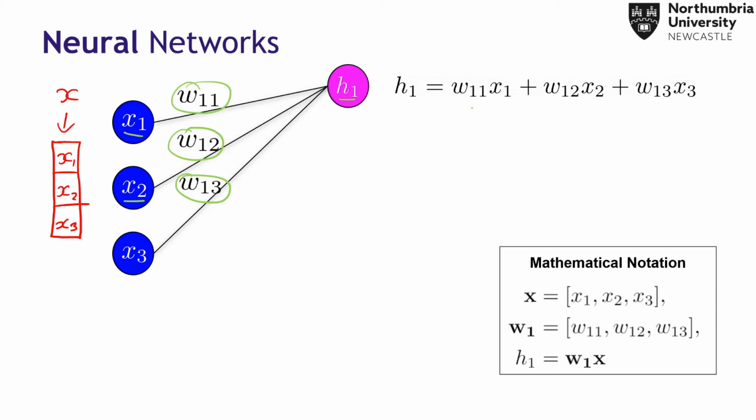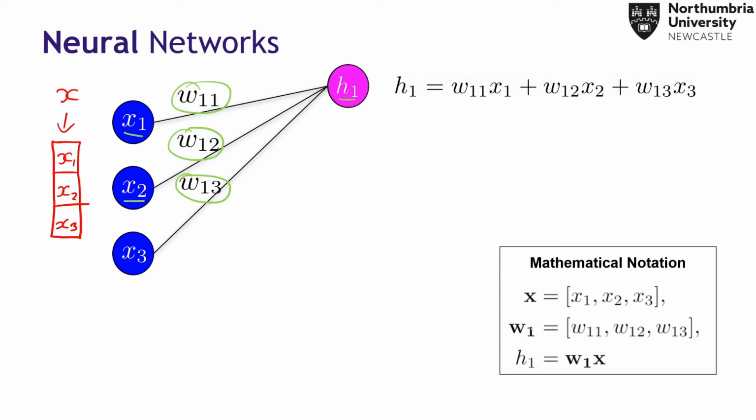So just some mathematical notation. We've already seen that this x is going to be represented as a vector. So we can use row-wise vectors or column-wise vectors. We'll choose which one of these is more useful to us, but it doesn't really matter that much.